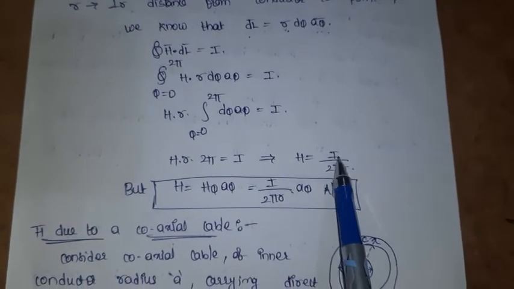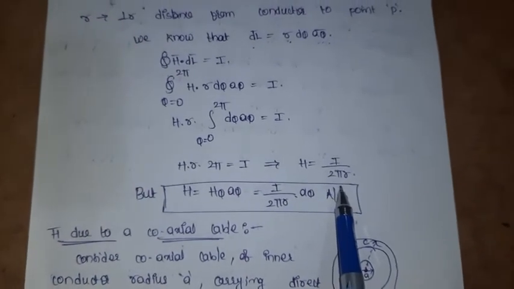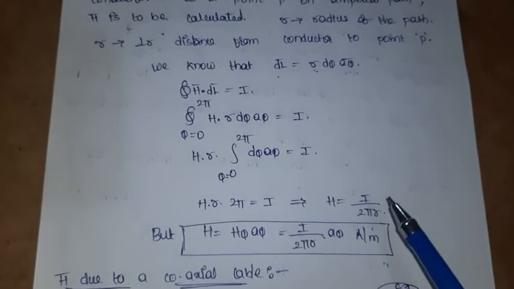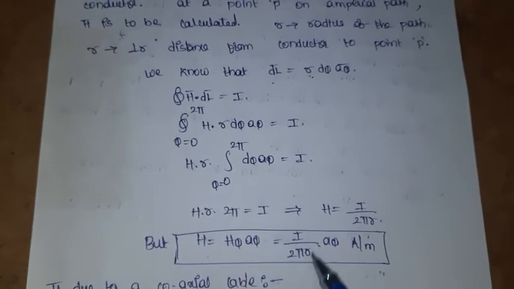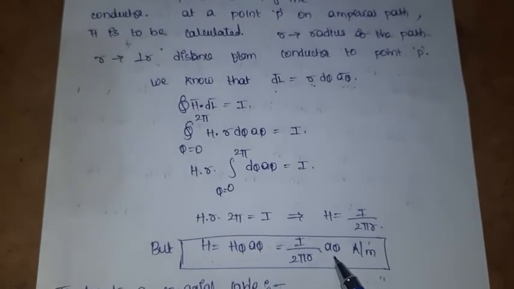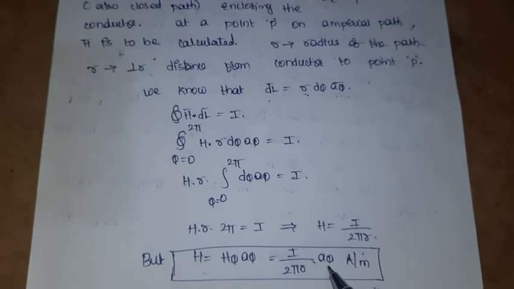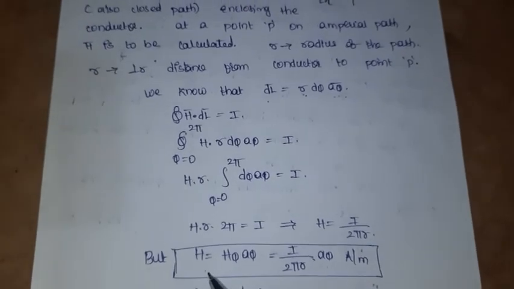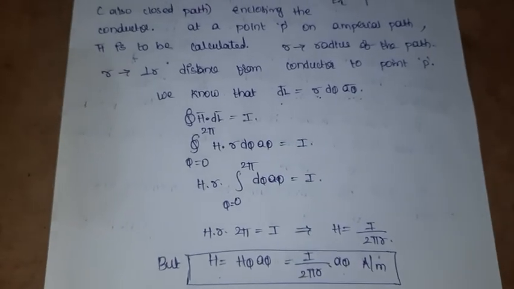So H is equal to I by 2 pi r. Simply in 2 steps I got the answer: H is equal to I by 2 pi r a phi. So Ampere's circuital law is very useful in the calculation of magnetic field intensity in very critical situations. Thank you.